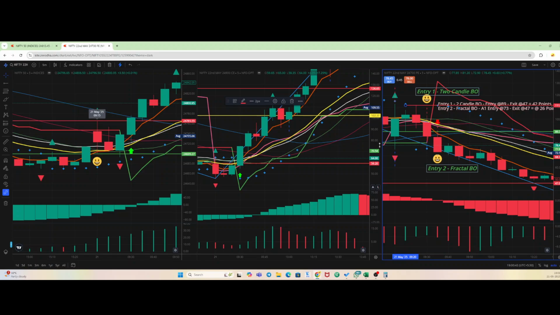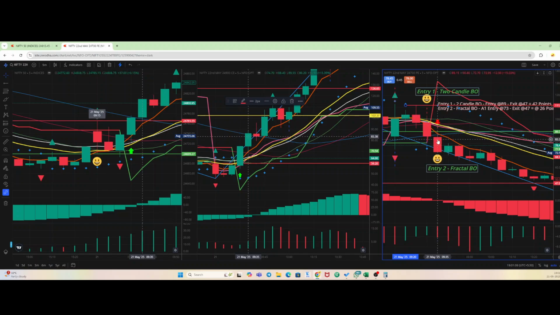Otherwise there is no need to see the alligator or other things. Anyway, if the price is crossing below the 20 EMA, then the alligator is also almost in line. So now it is getting the breakout and we got the entry at 89. Then once we got 89, immediately we kept the stop loss of around 15 points, which is in line with our requirement.